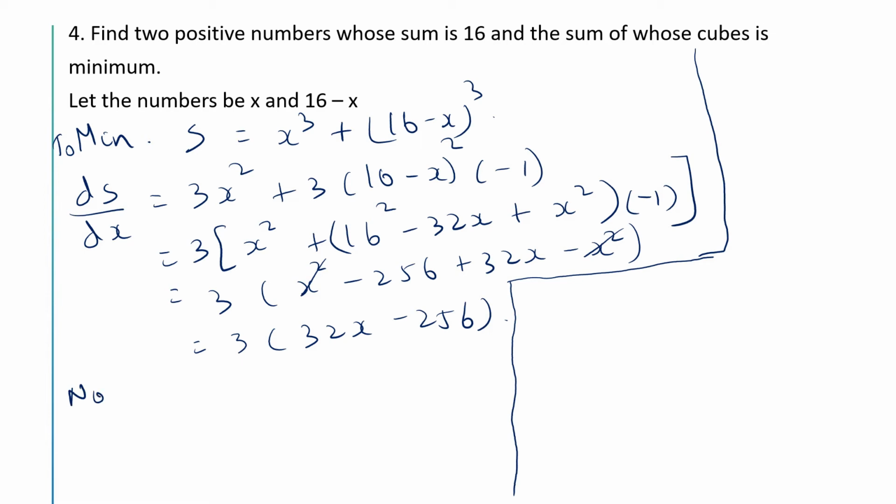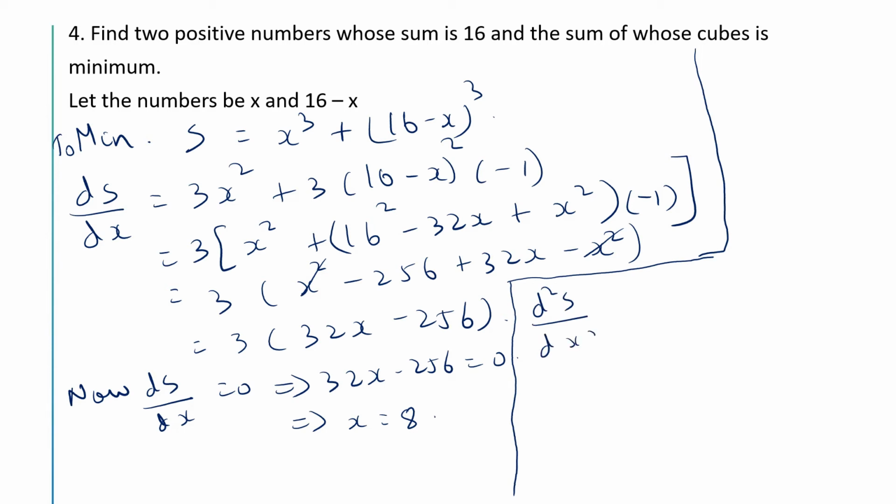So at the critical point, ds by dx equal to 0, which means 32x minus 256 equal to 0, or x is equal to 256 divided by 32, it is 8. Now we will find d square s by dx square. D square s by dx square, from here we get 3 into 32. It is greater than 0.